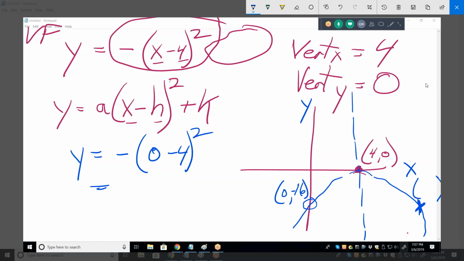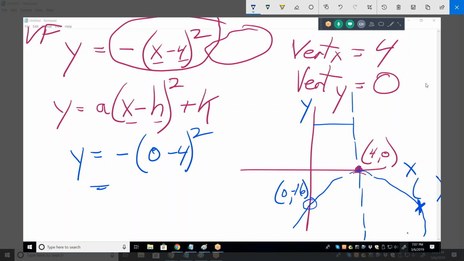So we know that this parabola is symmetrical about that dotted blue line, right? Right. So how far is that dotted blue line from the one point that we know, the y-intercept? It's 16. No, it isn't. 16 is the y measurement. How far is this distance right here? 4.